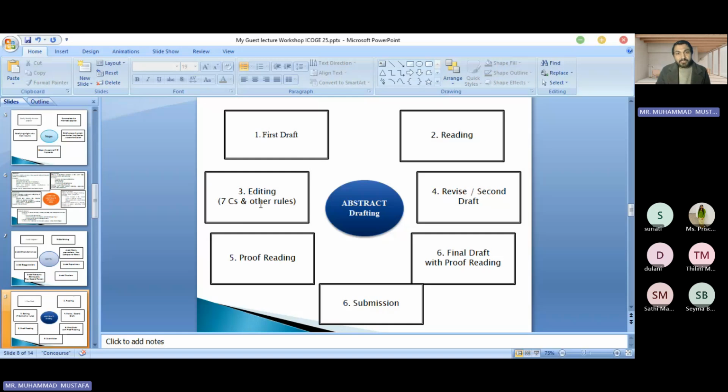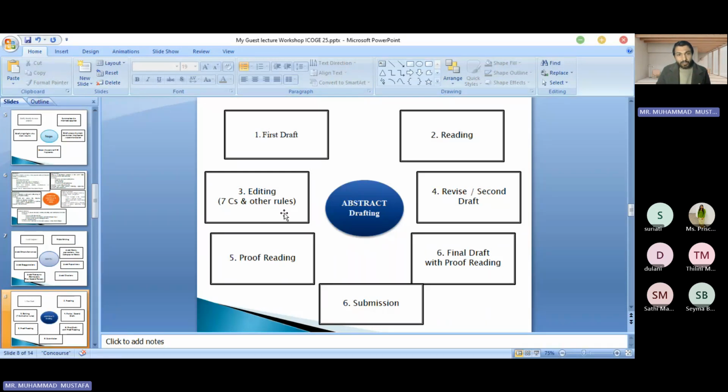Something is to be added, something is to be omitted, and something we think is not important. So omission and addition of something new are parts of editing. While editing, we have to keep in mind the specific rules, linguistic rules, grammatical rules, or effective communication rules, like the seven C's. So the editing process is very important.